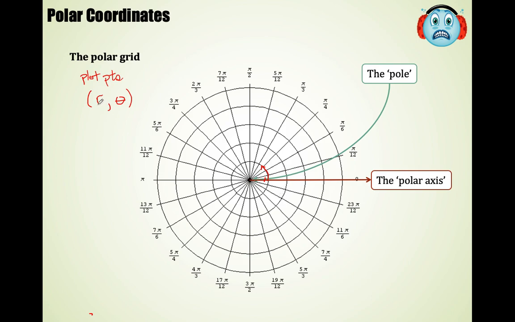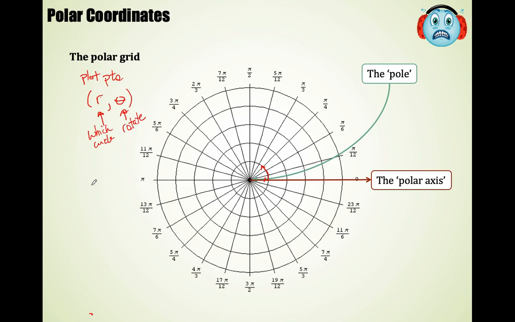So a radius and a theta: the radius tells you which circle, and then theta tells you how far to rotate.